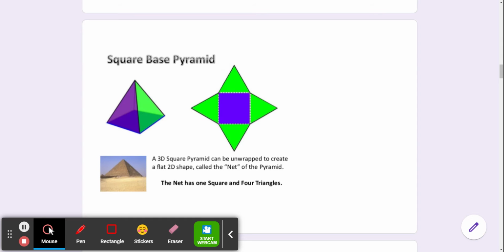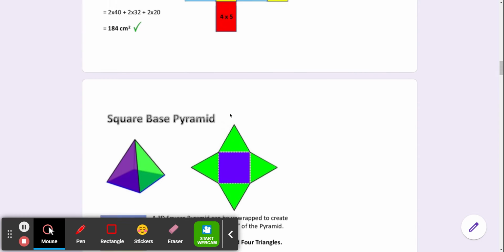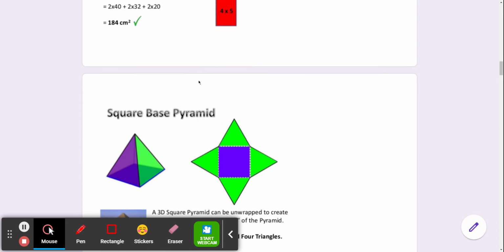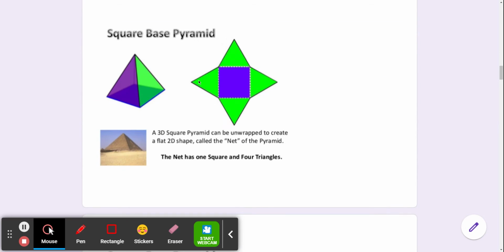Then we can do the same thing with a square pyramid. So what happens here is your shape, you'll notice here on the bottom, it's a square, and these are triangles. And remember, you find the area of a triangle the same way as a rectangle, except you have to divide it by 2 because it's a triangle.